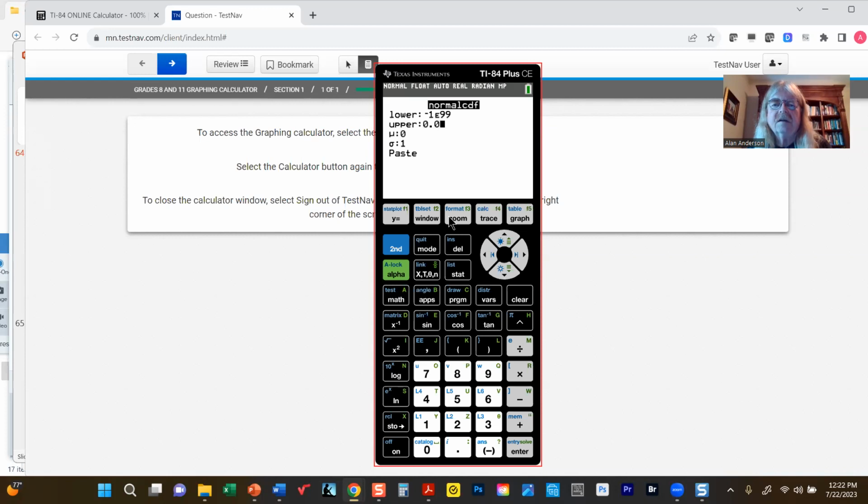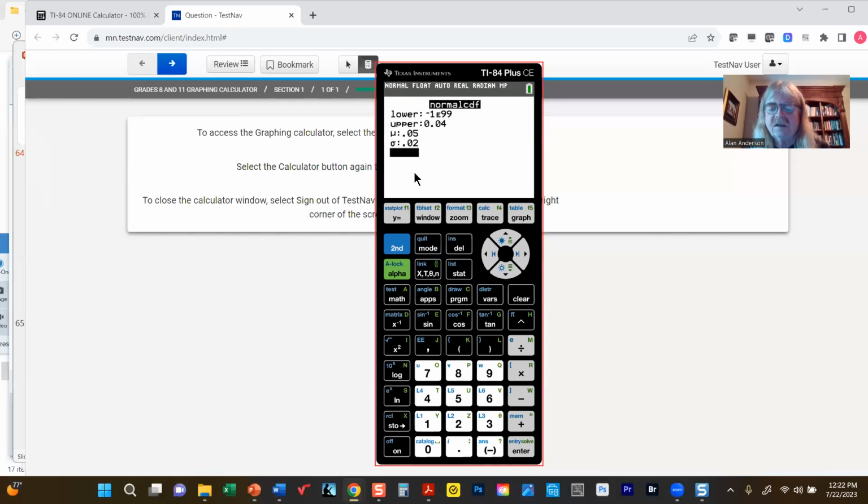The arrow key, I'm going to come down here and type 0.05, 0.02. And then with my mouse, I'm going to hit the paste button. Now, you can do this on your actual calculator, and you should. You don't have one of these, or you don't have to have one of these. Now I'm going to hit enter again, and it's 0.3085.